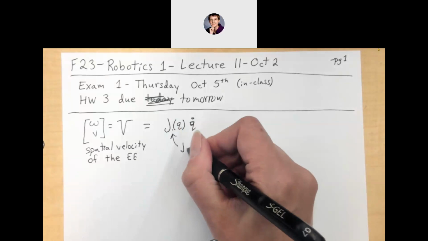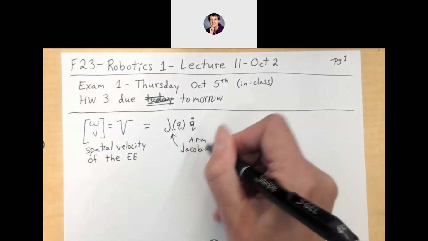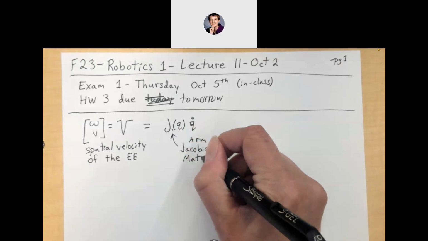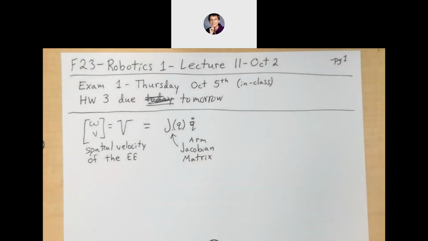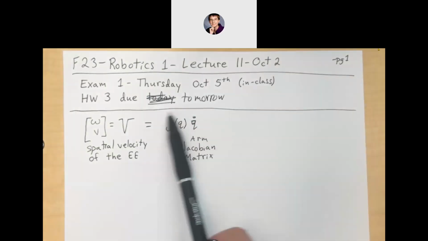And this matrix is our arm Jacobian matrix. And you notice that we write it as a function of Q. So depending on the configuration of our arm, this matrix will change.